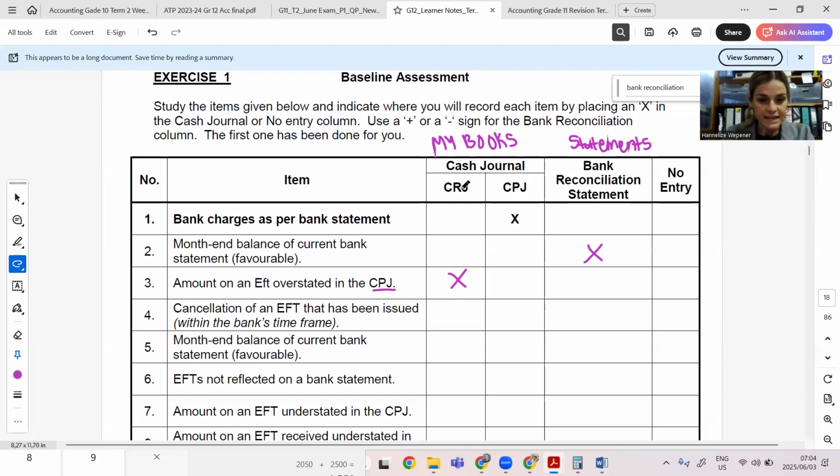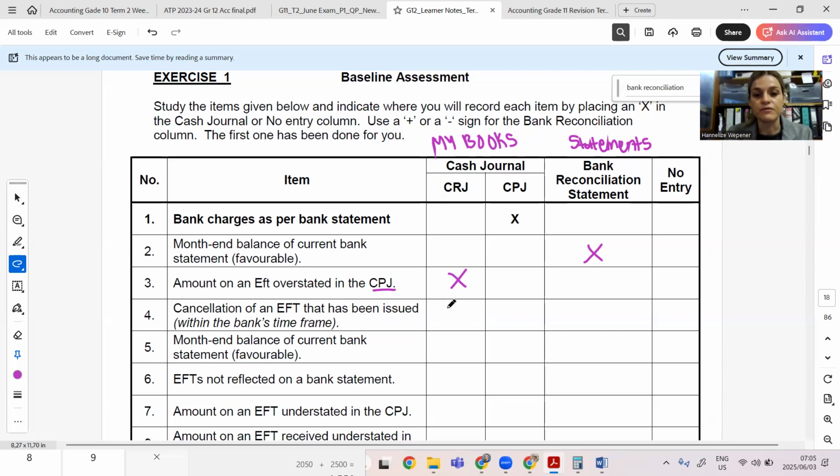Then, cancellation of an EFT that has been issued within the bank's time frame. So in other words, you had an amount in your CPJ for an EFT payment that you made. But they are now saying that this has been cancelled. So in other words, it shouldn't be in the CPJ because the transaction didn't go through, it was cancelled.